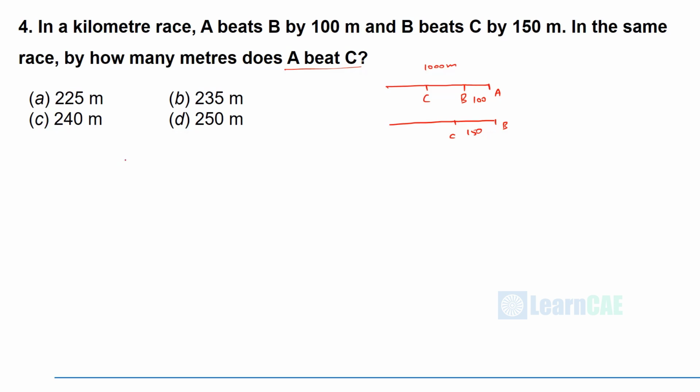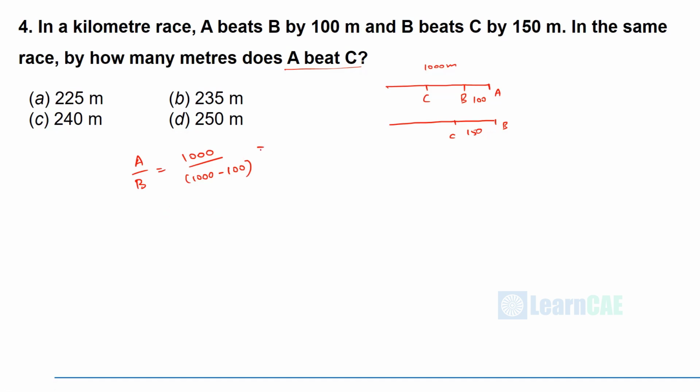Okay. So distance travelled by A by distance travelled by B is equal to 1000 by 1000 minus 100. So when A reaches here, the distance travelled by A and distance travelled by B is given in this ratio, that is 1000 by 900. This represents the ratio of the distance travelled by A and B at a given time.